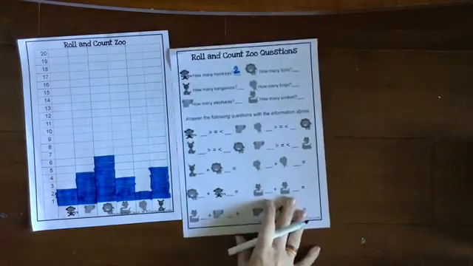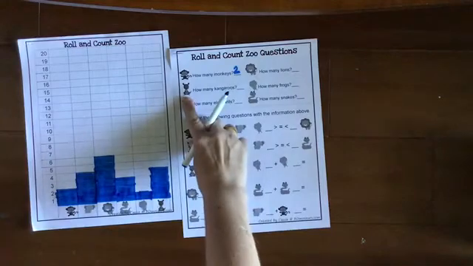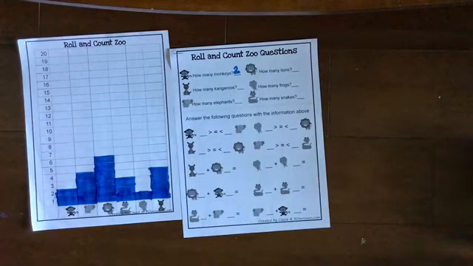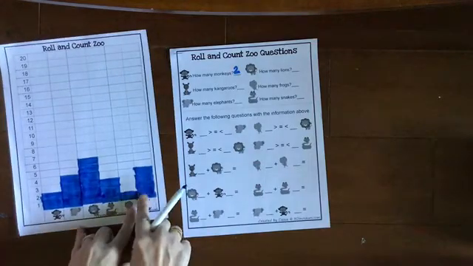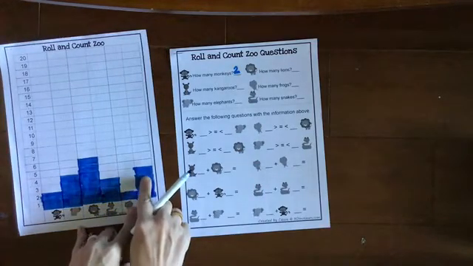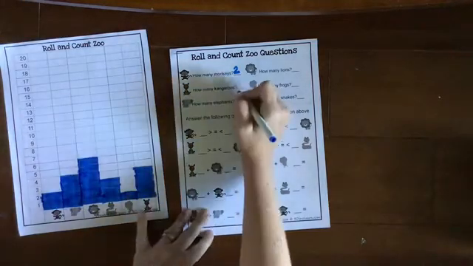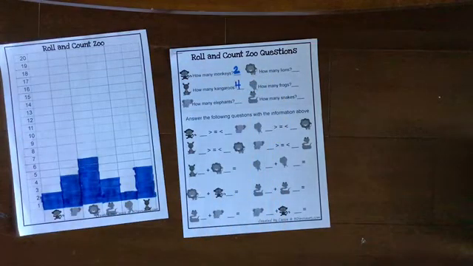All right, the next one is what animal? Right, that animal is the kangaroo. So it's asking how many kangaroos. So I'm going to find my kangaroo down here, and I'm going to count 1, 2, 3, 4. So I had 4. So I'm going to write down 4 under how many kangaroos. So go ahead and count your kangaroos and see how many you had.